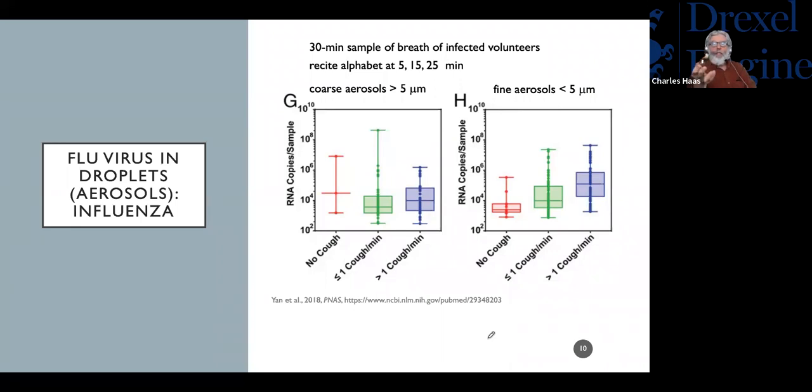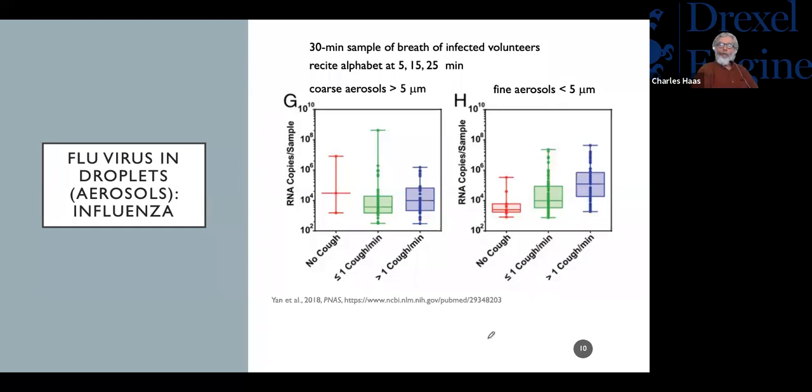And this is the total number of RNA copies recovered in their breath over 30 minutes. Essentially, their exhalations were contained in a device, and that total exhalation was sampled.